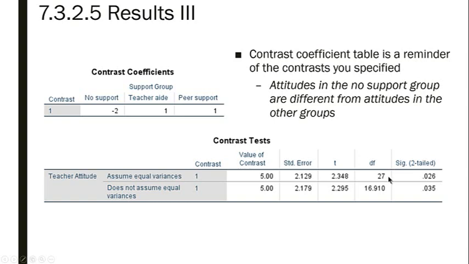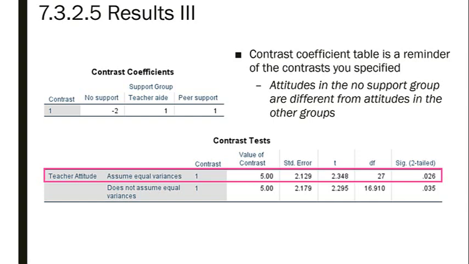You can see they've got different t-scores, different degrees of freedom, and different p-values, but the same contrast value and standard error. Recall from video 1 that our Levene's test was not statistically significant, which means that we are okay to assume equal variances, which means that we are going to report the result shown in the first row of the contrast tests table.